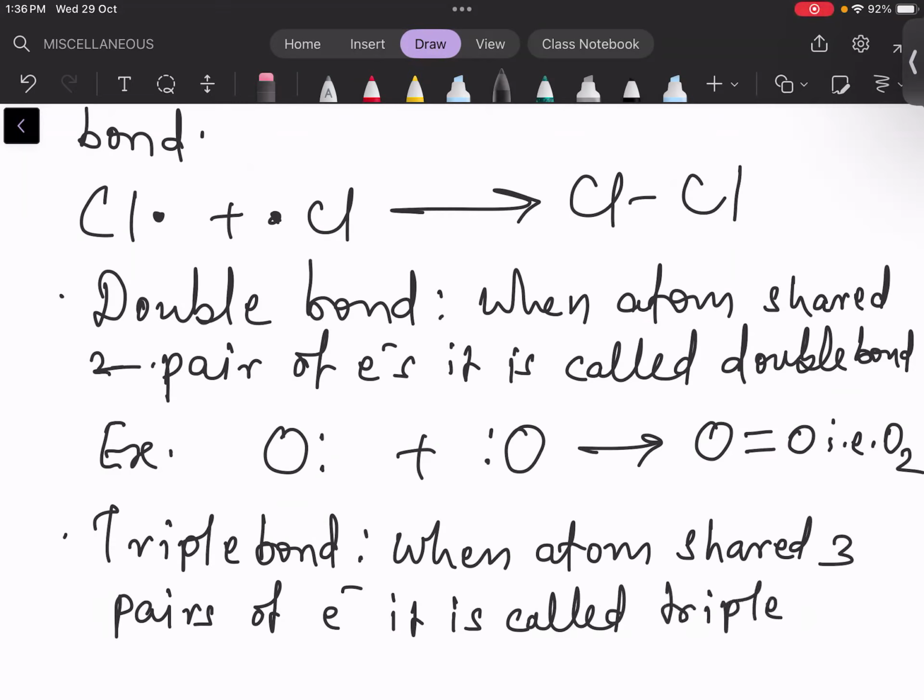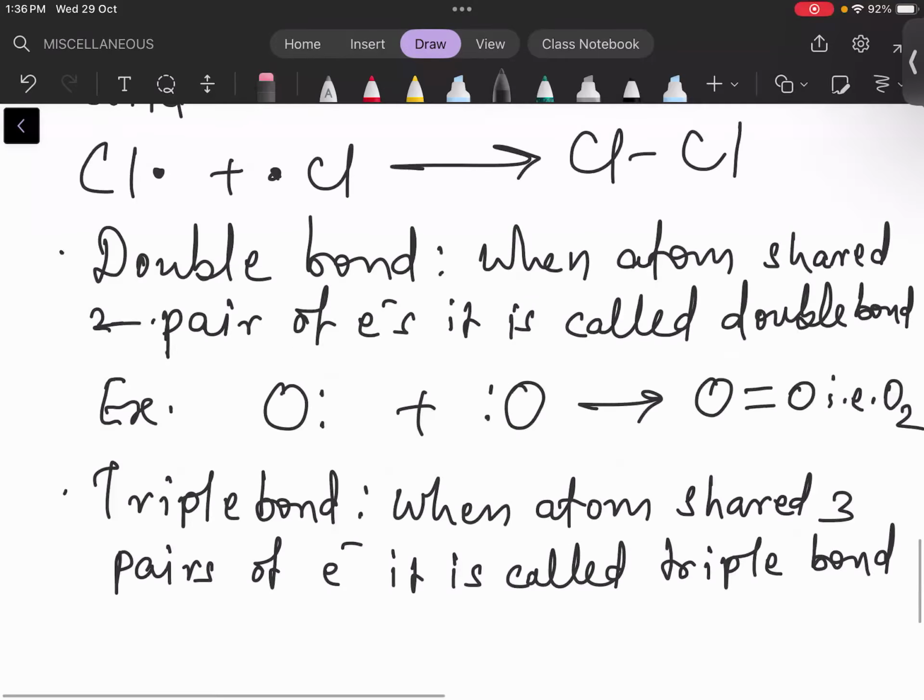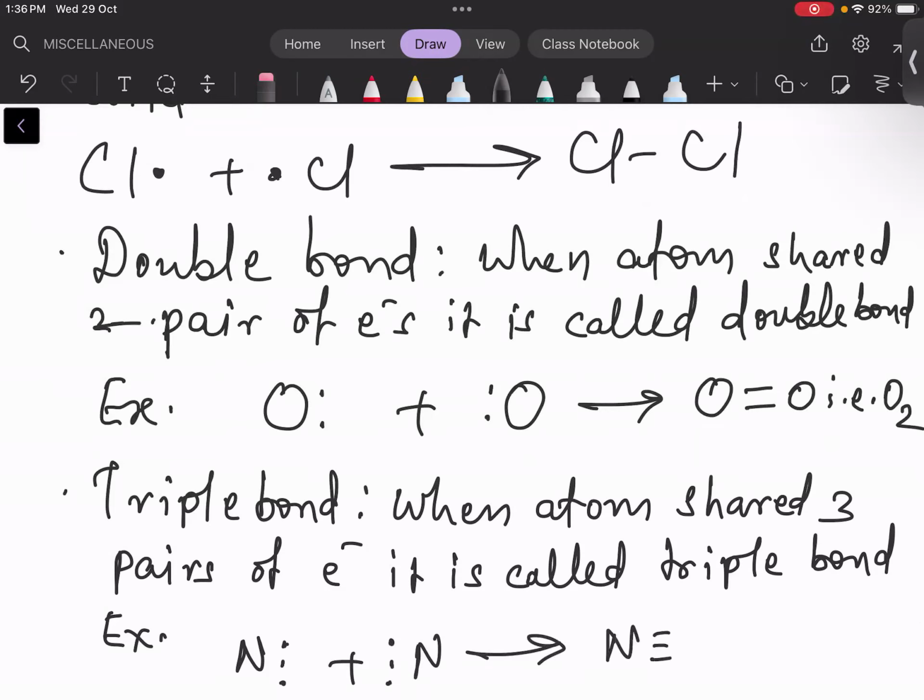What is it called? Triple bond. For example, nitrogen has three unpaired electrons in the outermost shell. So one nitrogen atom bonds with another nitrogen atom, and it forms N2 gas. Is there any doubt?